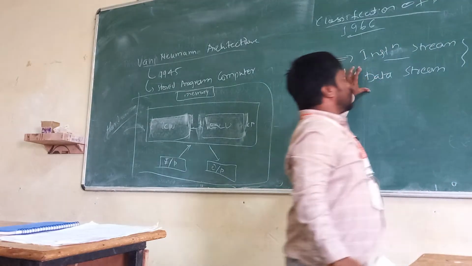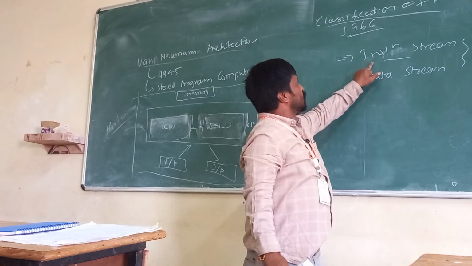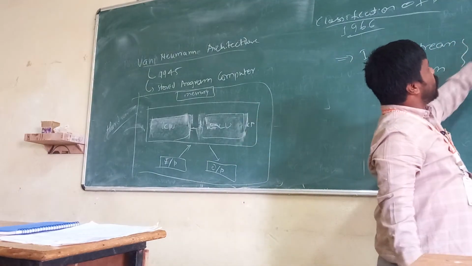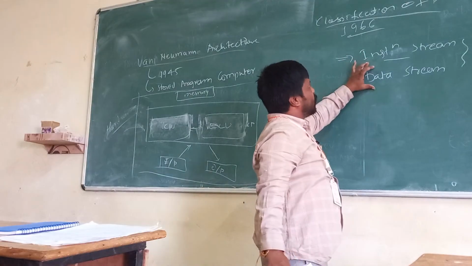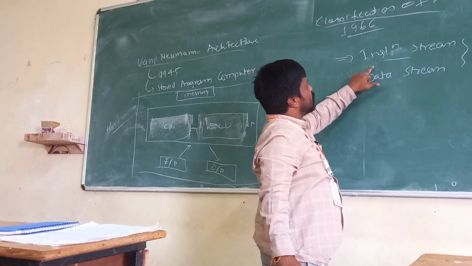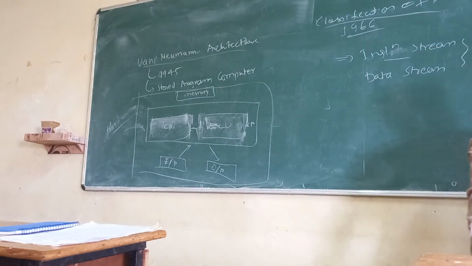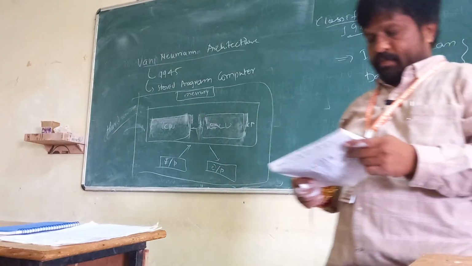In Flynn's taxonomy, the classification is based on two things: instruction stream and data stream. Based on Flynn's taxonomy, we can classify parallel computing based on the instruction stream and data stream as SISD, SIMD, MISD, MIMD. Four types.